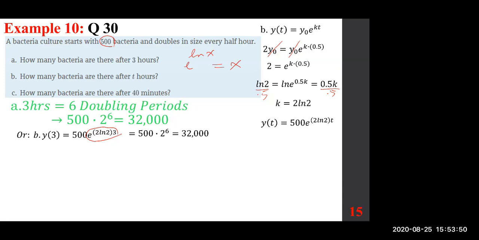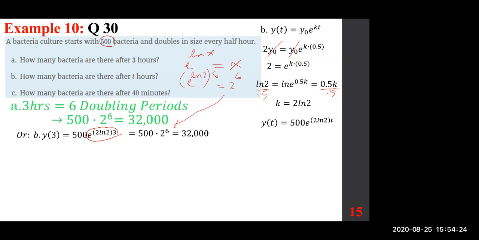So e to the power of 2 ln 2, with the 2 and 3 together as 6, is 2 to the power of 6. Okay, that's how you arrive at it.